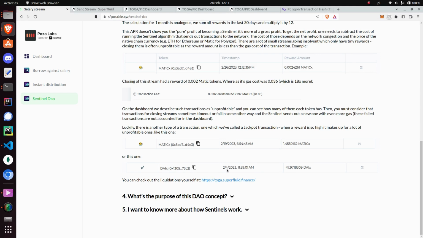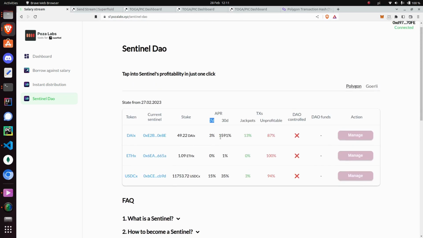It was on the 4th of February, but it's still included in the 30 days calculation. So you can see that it definitely varies, and you need to consider a wider time frame if you would like to invest your funds in a Sentinel.